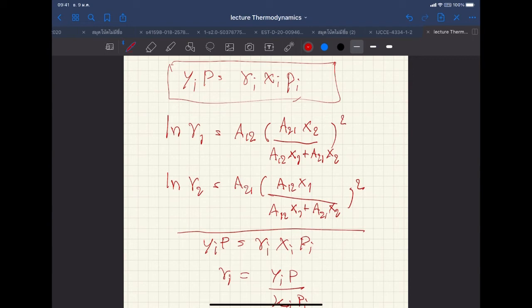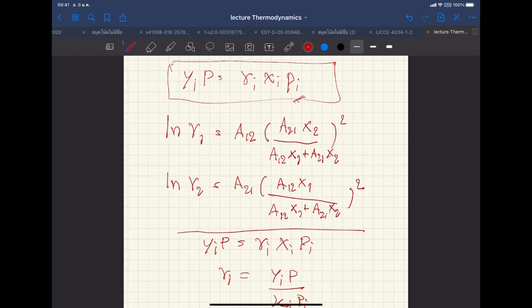And look at Pi. What's Pi? Pi is vapor pressure, right? Saturated vapor pressure of component i. The problem arises for a non-condensable phase because, for example, water and oxygen.